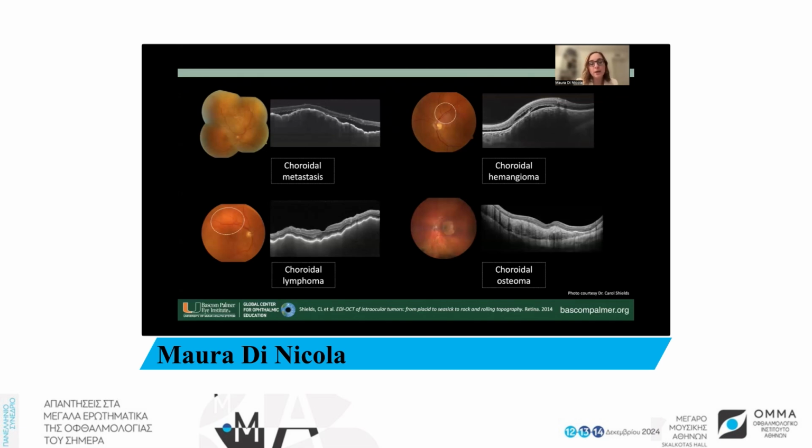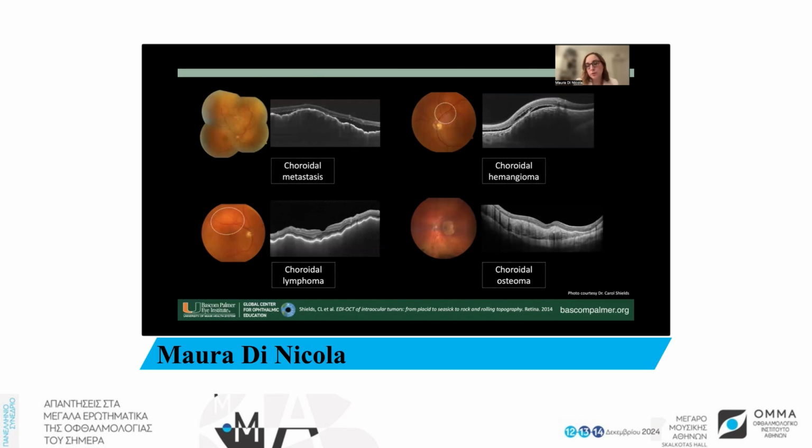Choroidal lymphoma, somewhat similarly to choroidal metastasis, can show a lumpy, bumpy, but more often what is described as a seasick, rippled appearance. And again, expansion of the choroid here, with loss of the normal vasculature, loss of the normal choroidal architecture due to the presence of neoplastic cells in the choroidal space.